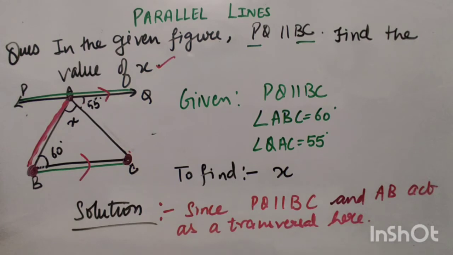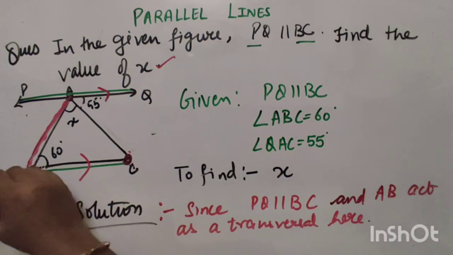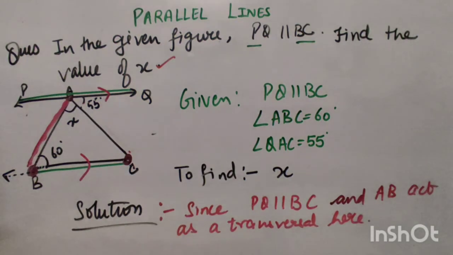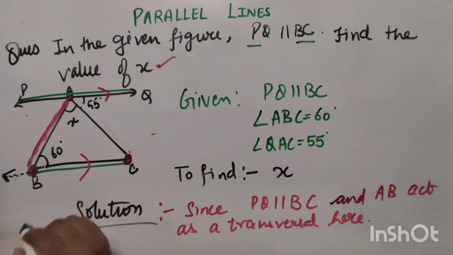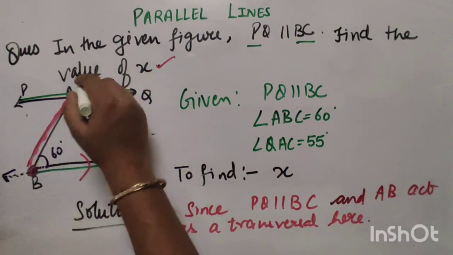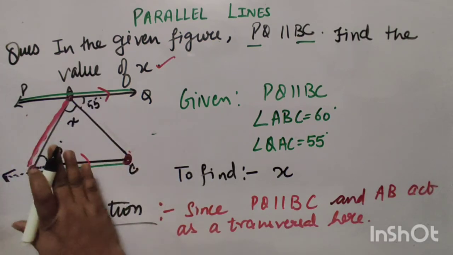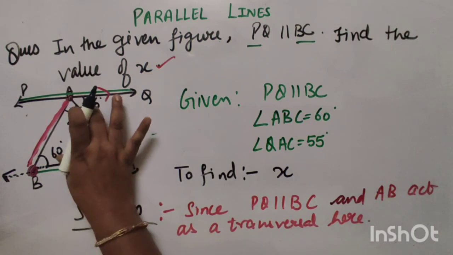Now the picture is clear to us, which is the transversal. If I extend this line a little bit to have more clarity, I can see this is the transversal, and we have learned about angles on one side of the transversal that are both interior.